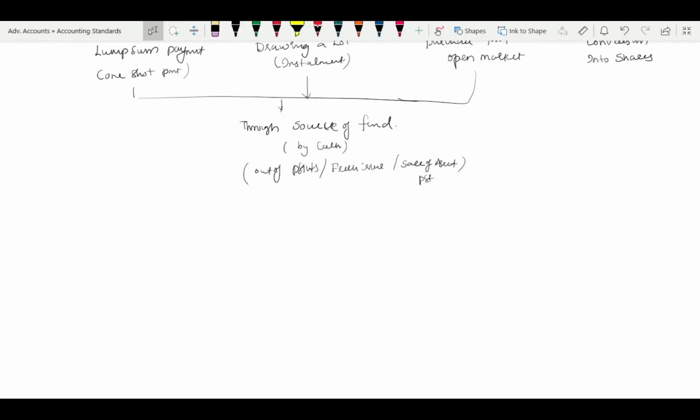Suppose DRR is not created, then, for example, 5 years is the duration of the debentures. In the first year, when you are issuing, that day itself you are supposed to create DRR. Suppose DRR is not created at the time of issue, then because of the amendment, these rules are there.